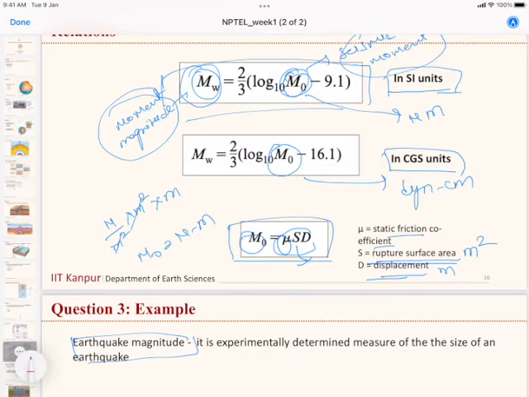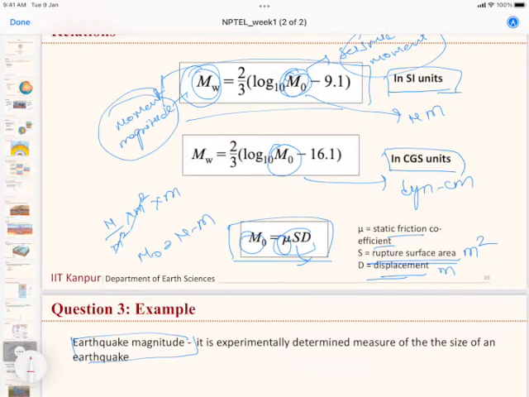Okay, and related to this earthquake part, is it new to you, or this part also you have already covered? Yeah, in the course, or even in your BSc also.